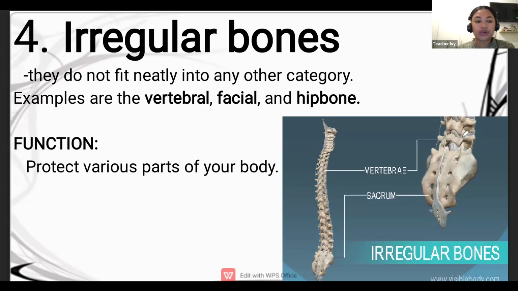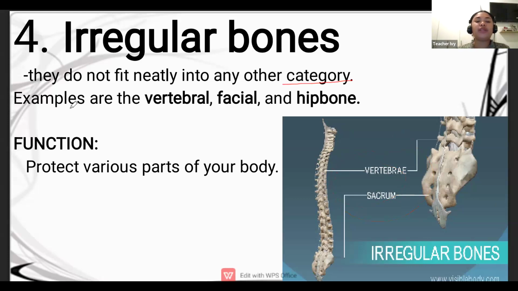That is also considered an irregular bone, and also your hip bone. So these are examples of irregular bone. Irregular bones are the type of bone that do not fit in the other categories of bone.